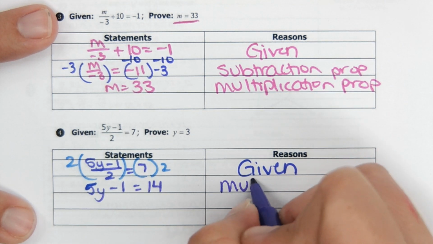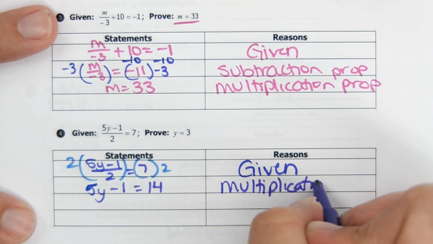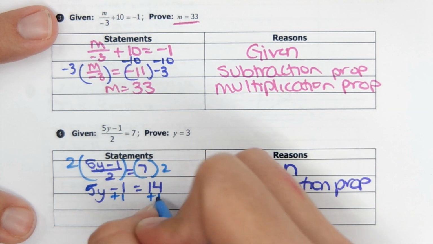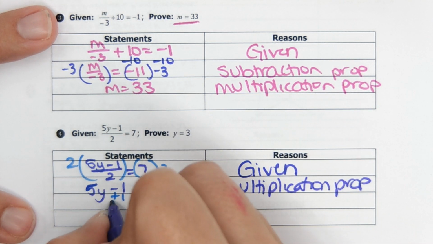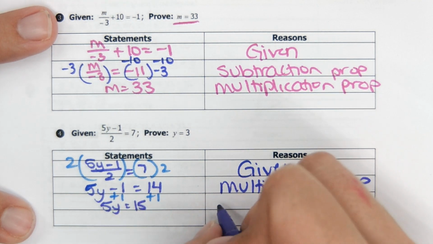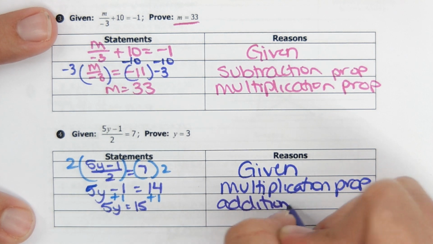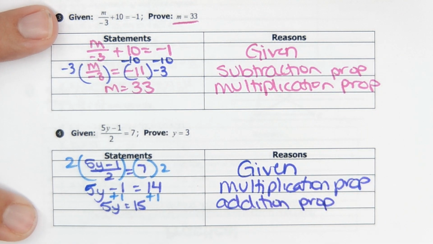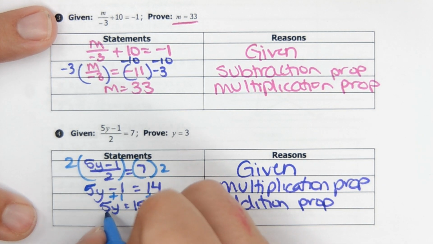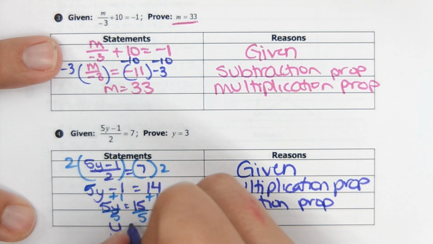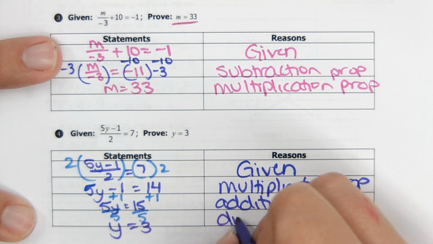And I used multiplication property. Plus 1, plus 1. 5y equals 15. Addition property. Last step, divide both sides by 5. Y equals 3. And I use division property.